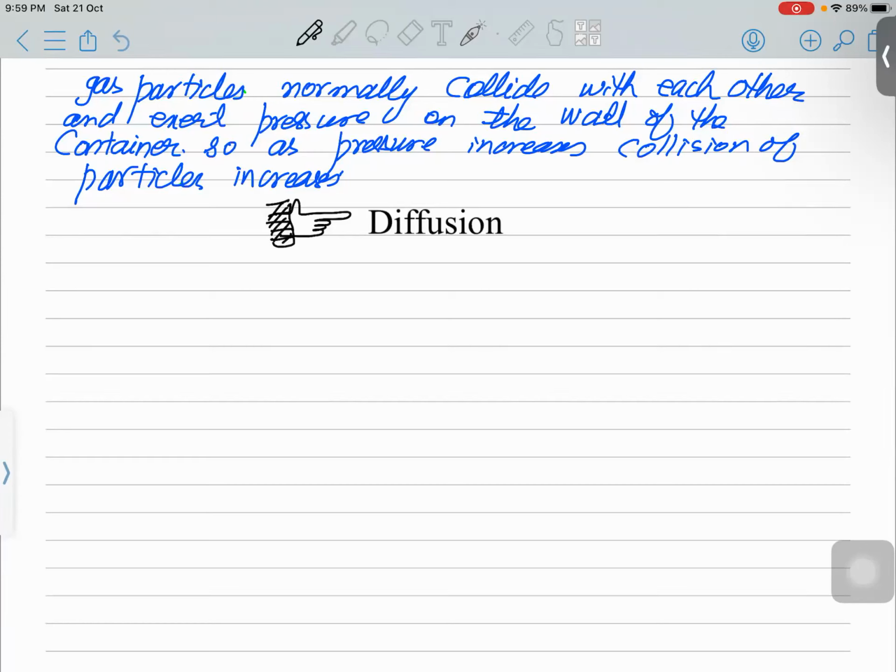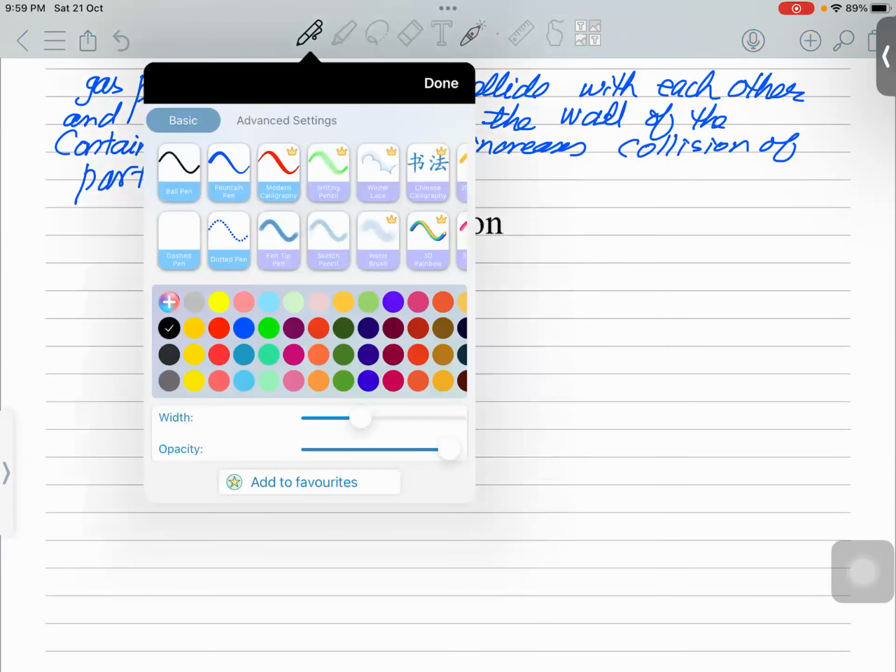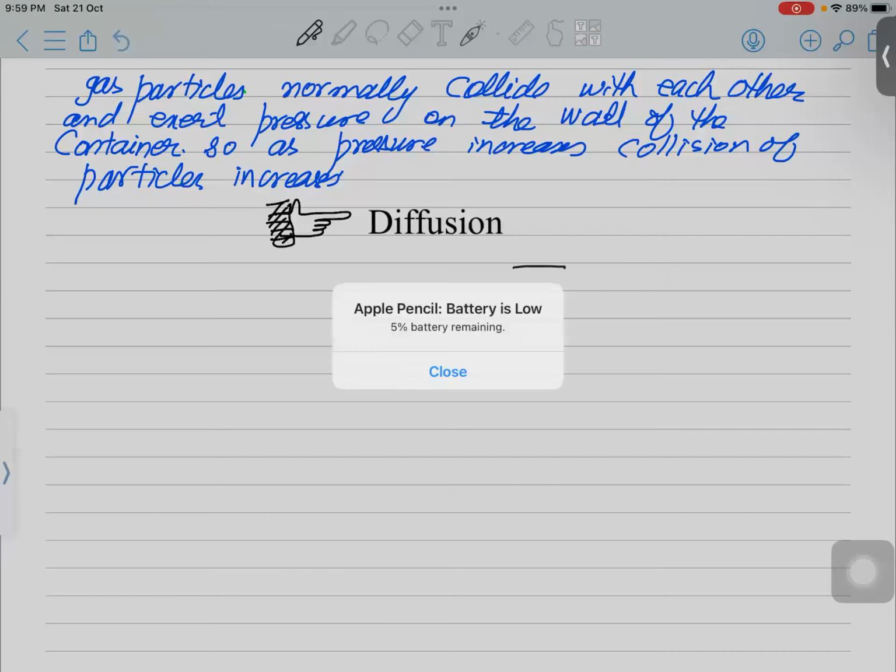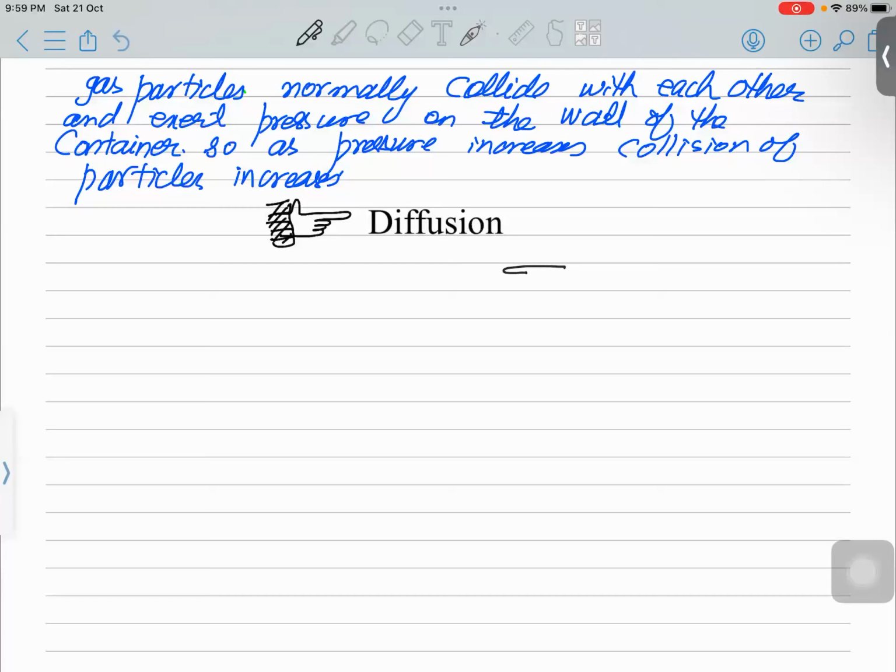This is called concentration gradient. Now look at the example. Let's suppose we have a gas cylinder, right?